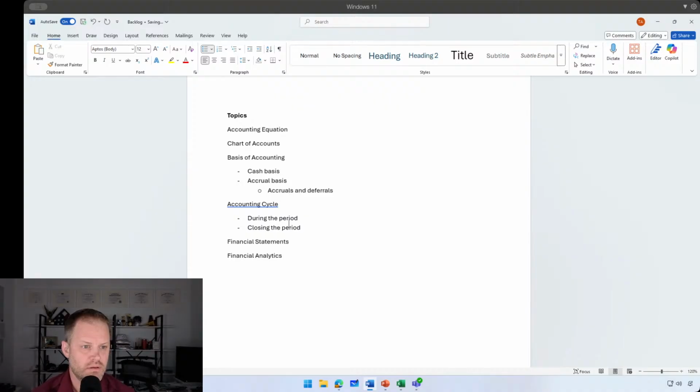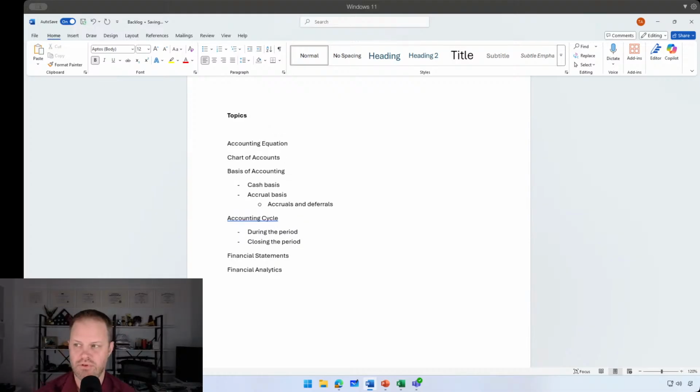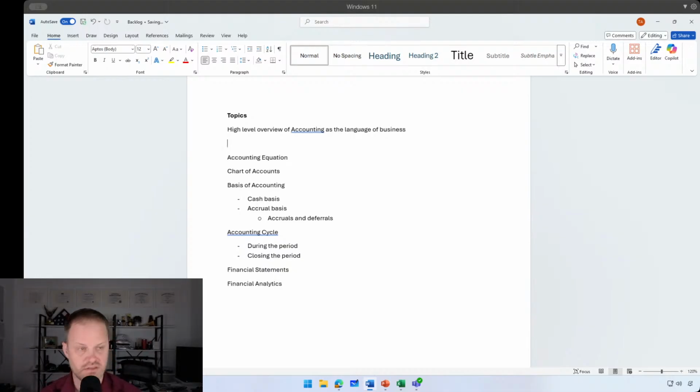Then, I guess before the accounting equation, we need to say a really high-level overview of accounting as the language of business. So this is going into different types of accounting.